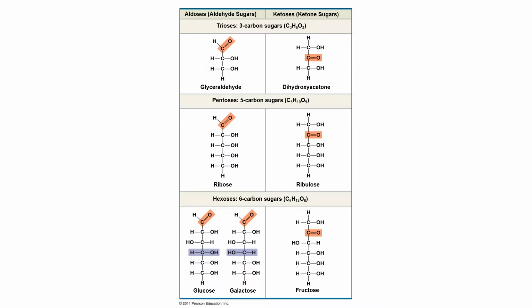This gives you a breakdown of the triose, pentose, and hexose sugars. It gives you an example of an aldose and a ketose sugar for each, and shows you where that particular functional group is located.